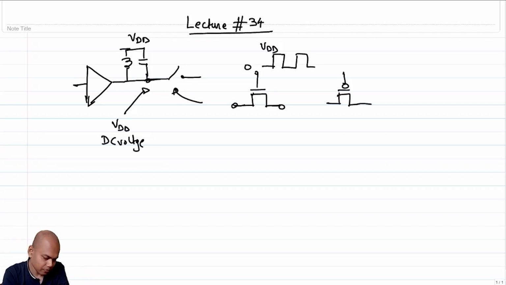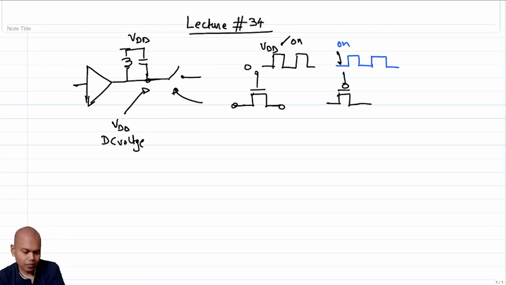Similarly in the PMOS case, VDD means off, and 0 means on, correct?